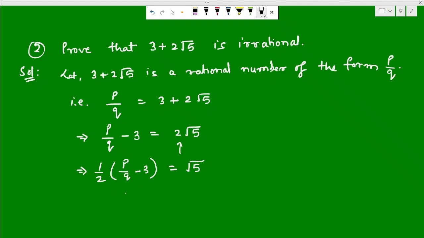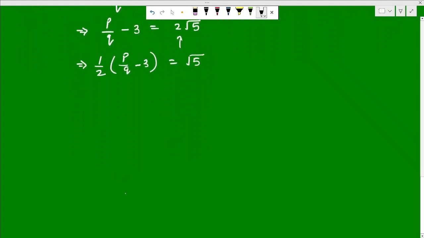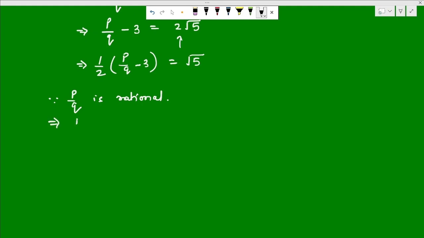Now, after this, we need some statements. What statements? See, since p upon q is rational, the same which we have assumed, it implies that p upon q minus 3 is rational, because this is the difference of two rationals, and the difference of two rationals is always a rational.